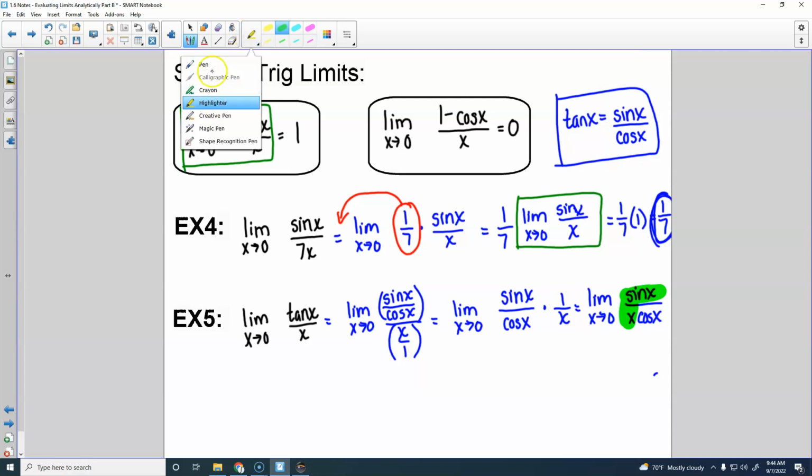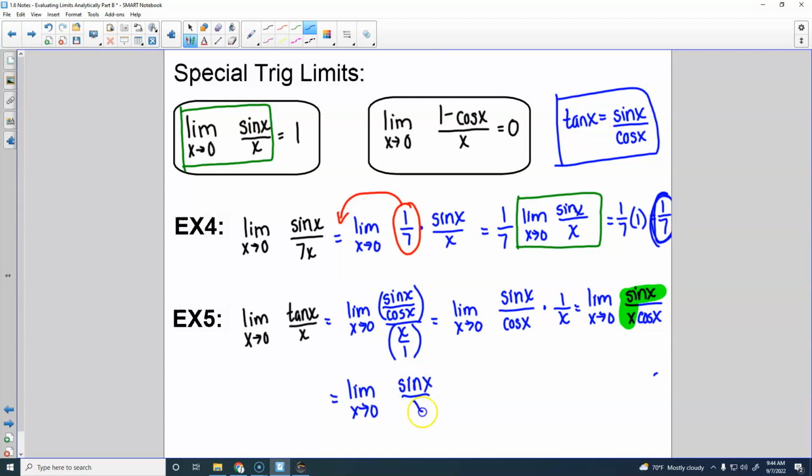So I could write it like this: limit as x approaches 0 of sine x over x times 1 over cosine x. Because everything's multiplied together there, I can take the part I actually want and separate it out from the other stuff that I don't need. If there were plus or minus signs, that'd give us some trouble, but this is fine.